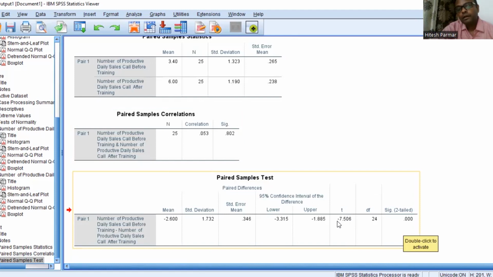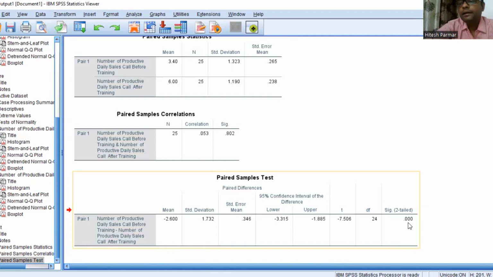So here, as the T calculated is greater than 1.96 in magnitude, our P value is automatically less than 0.05. And as it is 7.50, a very large significant difference, the P value is almost 0, 0.000.